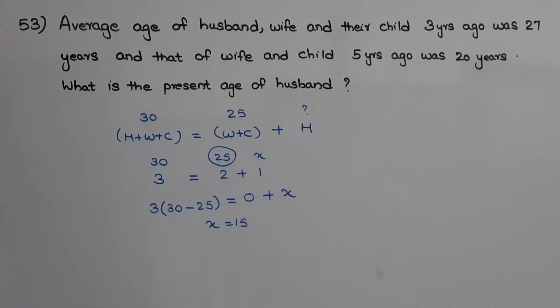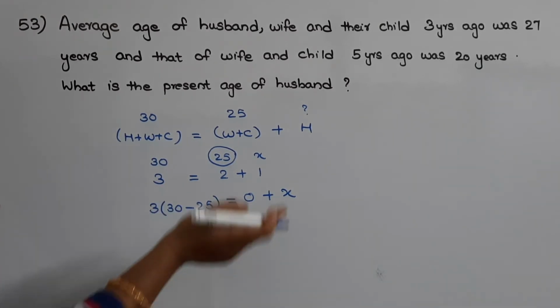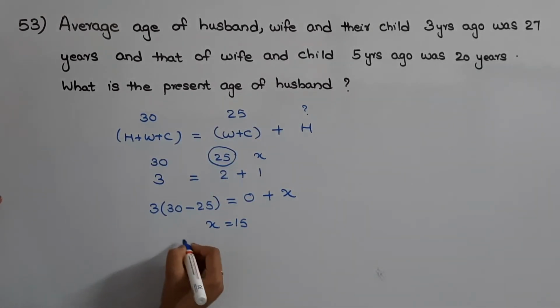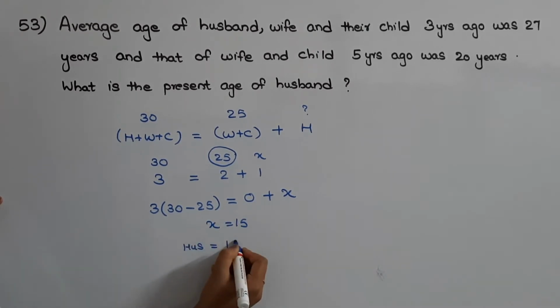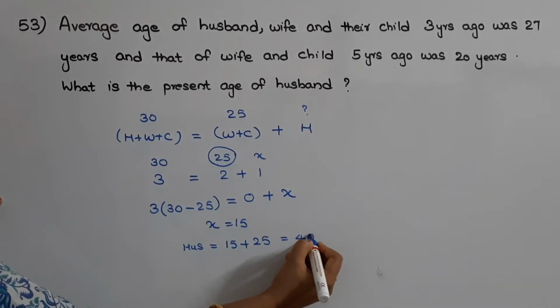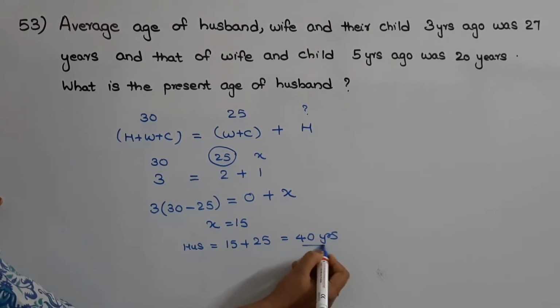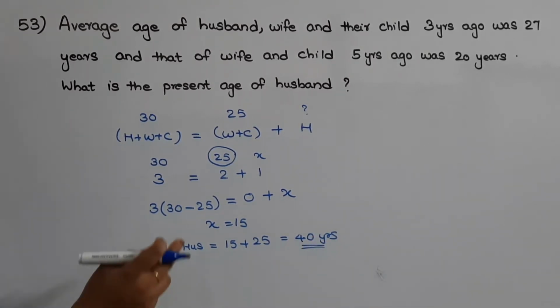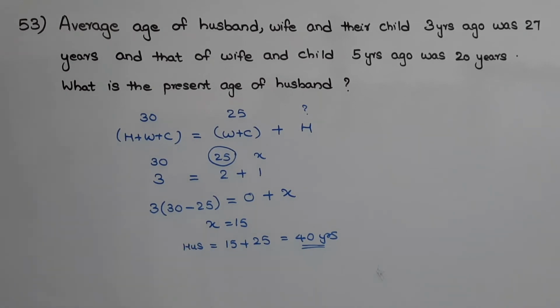So this is the increase in the age of husband. Then what will be the husband's age? Husband's age will be equal to increase in the age plus reference average, that is 25. That will be equal to 40 years. So at present the age of husband is 40 years.